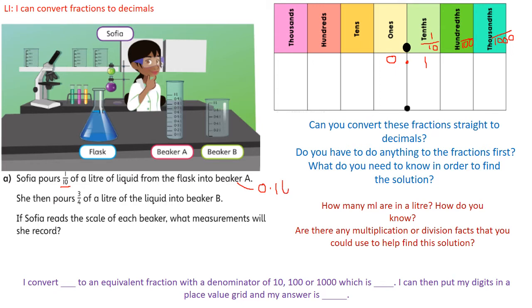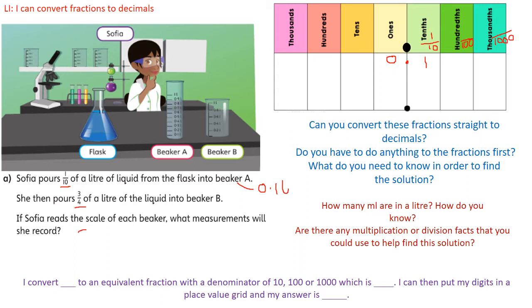This time into beaker B, she pours 3/4 of a litre. Well, my first problem is that the denominator of that fraction is not 10, 100 or 1,000. So that's going to make it tricky.